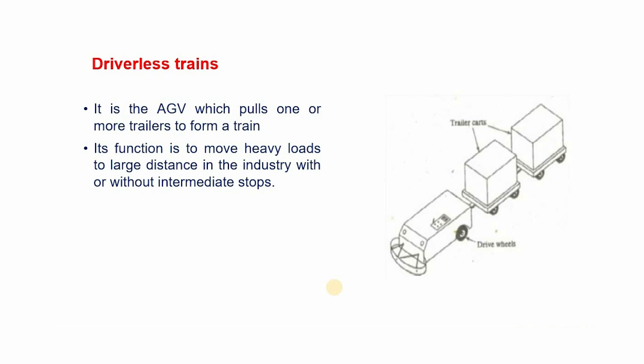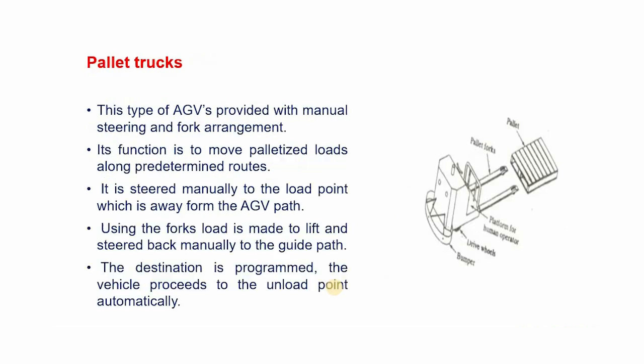Its function is to move heavy loads over large distances in the industry with or without intermediate stops. So it helps to transport the heavy loads over large distances within the industry. It can be with intermediate stops or without intermediate stops. It helps to transfer various materials in large quantities over large distances.